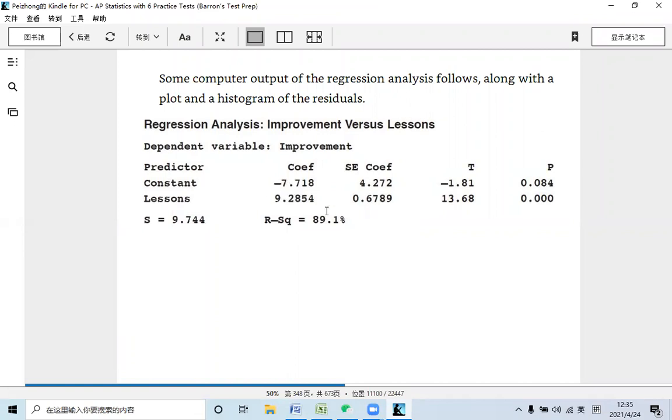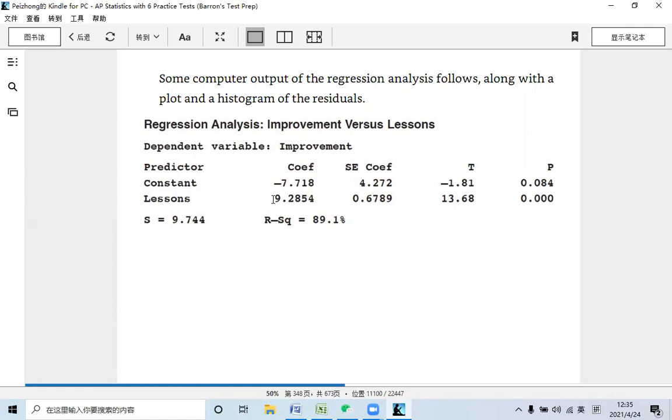Where do you find a? Lesson, how many lessons you take? This is a predictor variable. And you have a constant. What do we call the constant? This is an intercept.